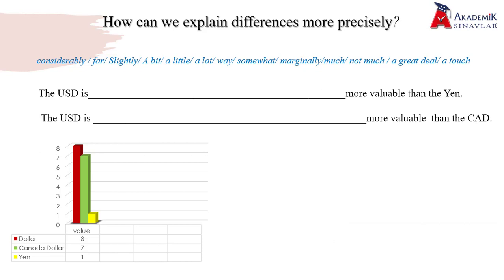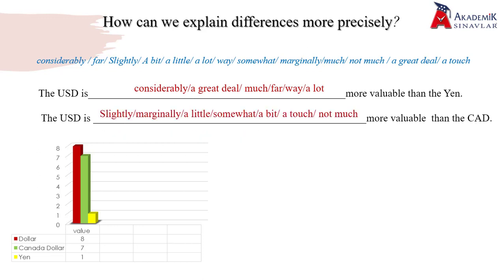Now let's check your answers. Since the difference was noticeable between the Canada dollar and the US dollar, we used the ones to demonstrate that noticeable difference, whereas in the second sentence, other modifiers are used to show that the difference between these two currencies was not considerable.